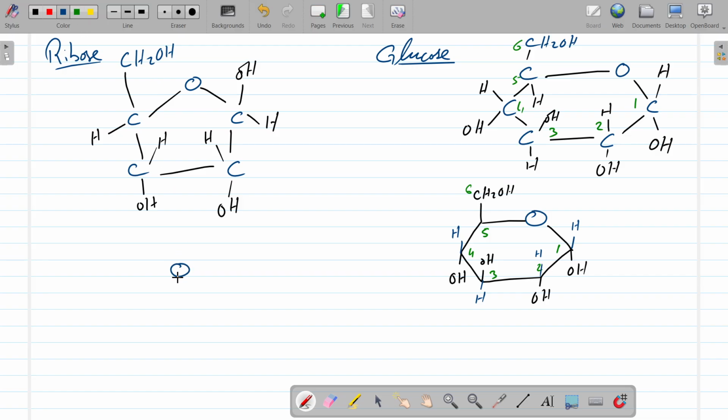For the ribose, we've got the oxygen, and there's one carbon, another, another, and look, we've got a ribose, and there's an OH, and OH, and this guy is CH2OH.